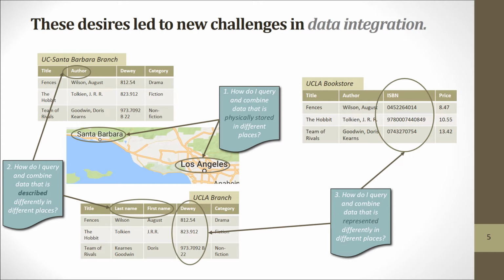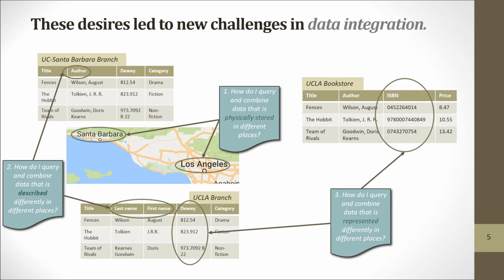Thus, none of these techniques work to optimize retrieval across databases. What is the optimal way to combine data from the UC Santa Barbara Library Catalog and the UCLA Library Catalog? Should I move data from one site to another in order to answer the query? If so, which one? Should I filter the data before joining it?